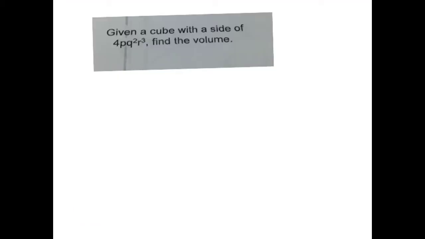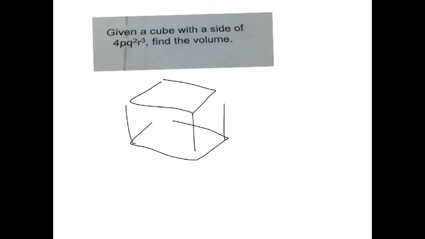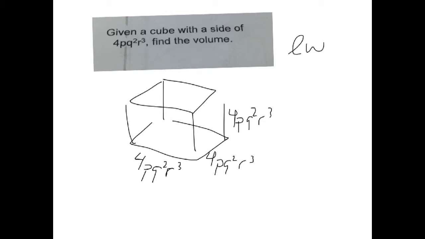Alright, given a cube, in a cube all sides are the same, so 4pq^2r^3, 4pq^2r^3, 4pq^2r^3. And this is a box, so it still follows length, width, height.